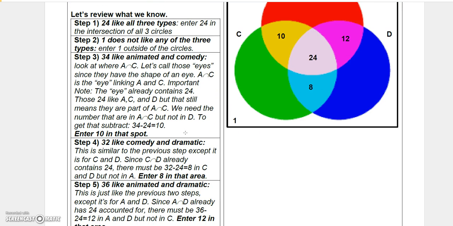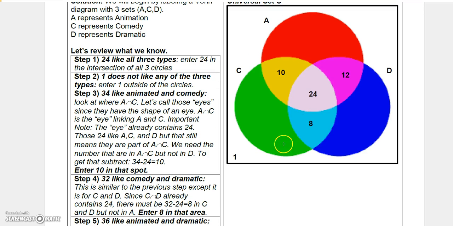And then the other one here, you know that there's 36 that like animated and drama, so that would be this I right here. So this I right here has to add up to 36. So subtract 24 from 36, and you'll get that there's 12 out here. So of those 36, 12 of them don't like comedy, and 24 do like comedy.